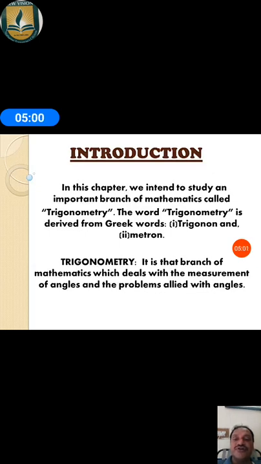Therefore, trigonometry is the branch of mathematics which deals with the measurement of angles and the problems with the allied angles of it. We deal with triangles and angles, and we are going to find the relationship between the sides and the angles.